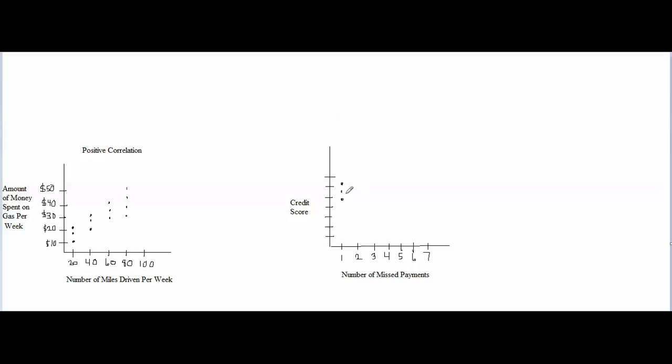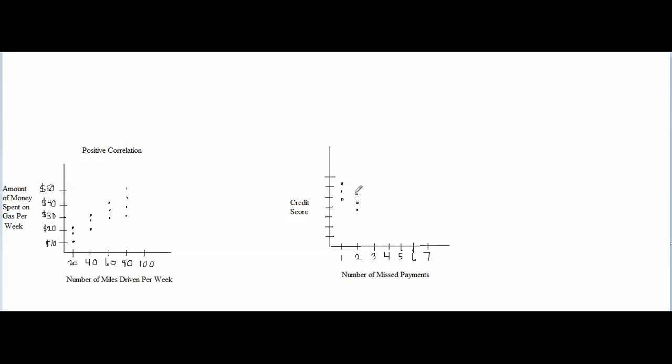And if we have some other people who tell us that they missed 2 payments this year, those people will probably have lower credit scores because their credit score is going down because of missing more payments. So these people will fall down here into a lower range of lower credit scores.